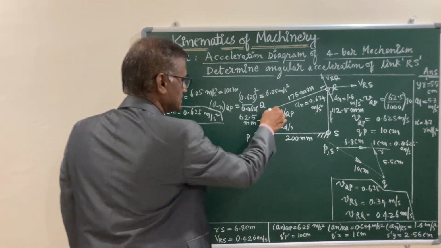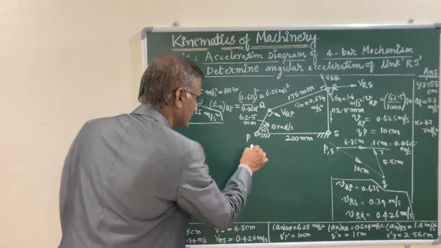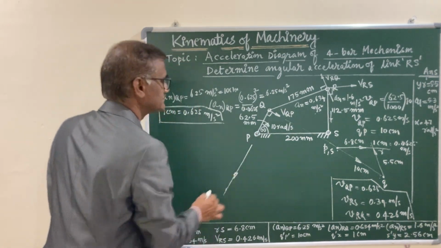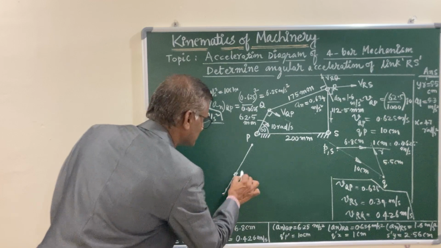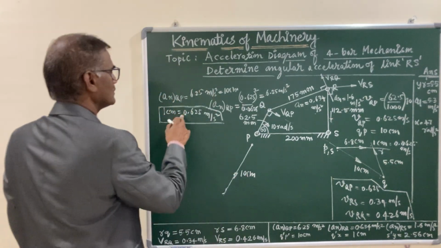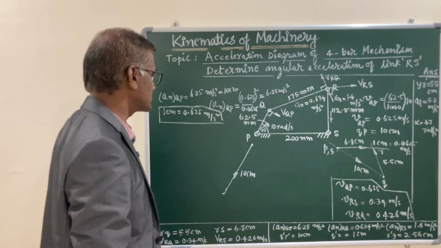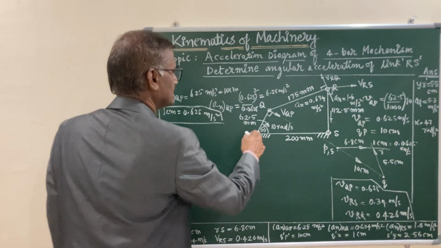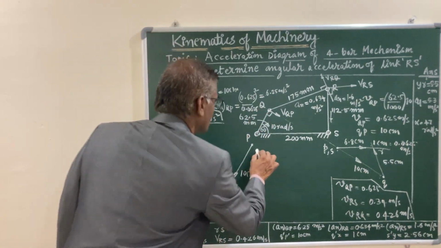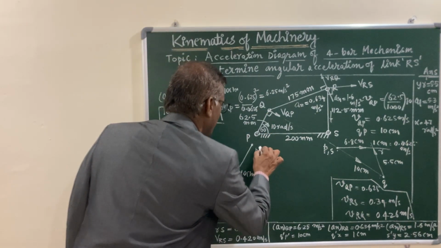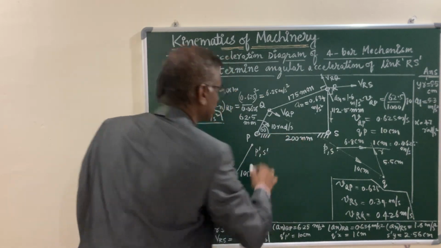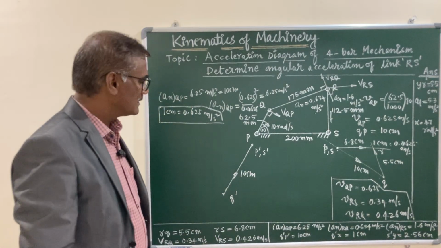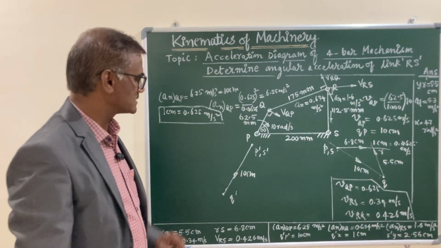The direction is towards p, and the magnitude is 10 centimeters, which is equivalent to 6.25 meters per second square. So here you get the other end, you can call this the pole, that is p prime and s prime, both ends of the fixed link, and this is your q prime. So the acceleration image of the driving link is drawn.